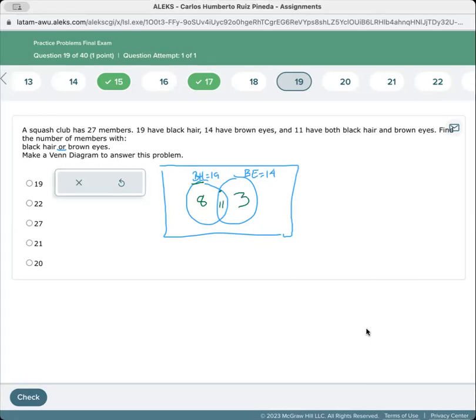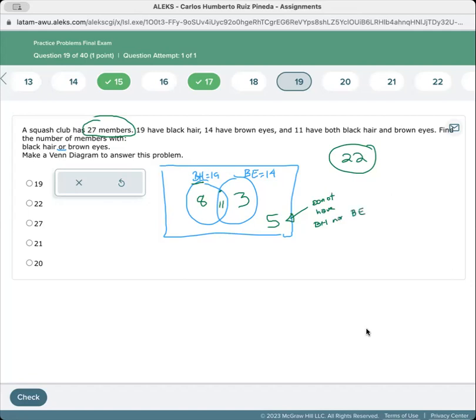And now we have 8 plus 3, 11, plus 11, 22. But 27 is the number of members of the squash club. So that means if 22 are inside the circles, the outside is 5. So this one is the ones who do not have black hair nor brown eyes.